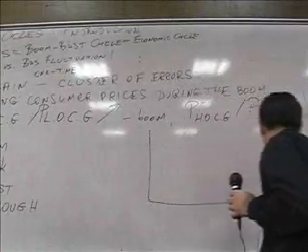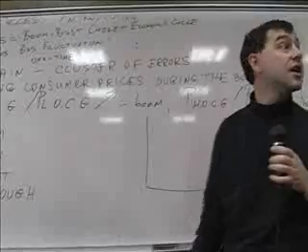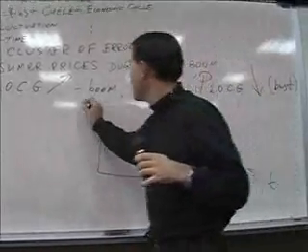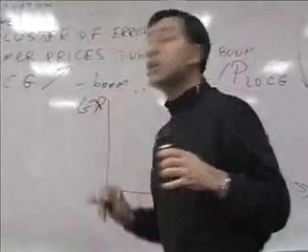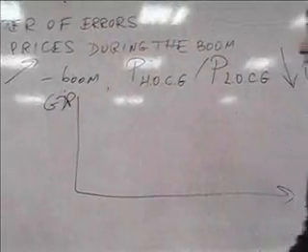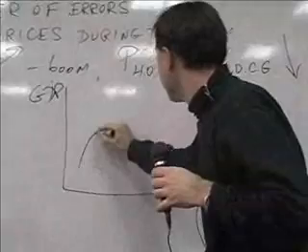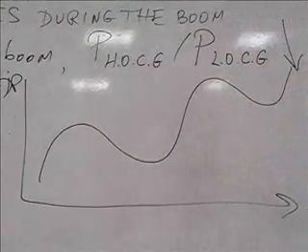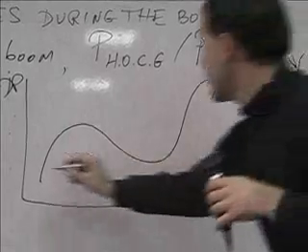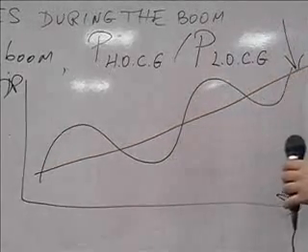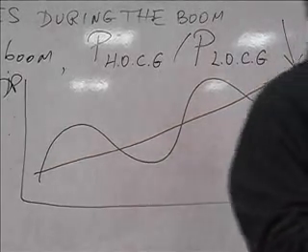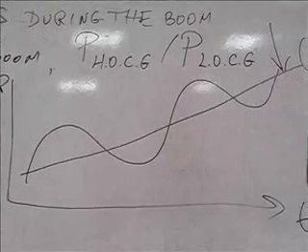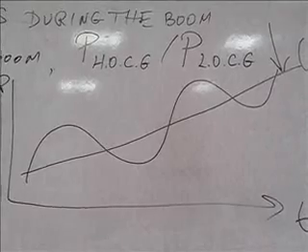What we have on the horizontal axis is time. What we have here is GDP. And now we have the business cycle, which is fluctuating, and it fluctuates around the long-term trend line. So the long-term trend line represents long-term economic growth.